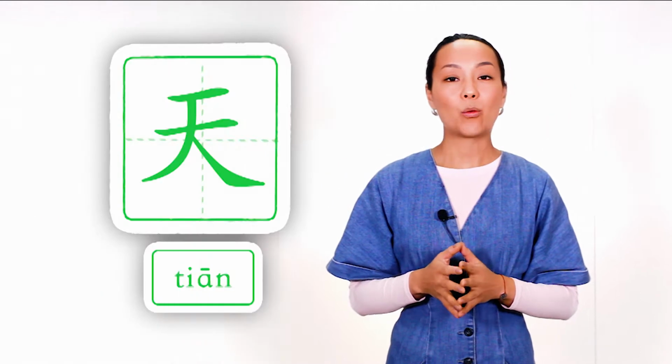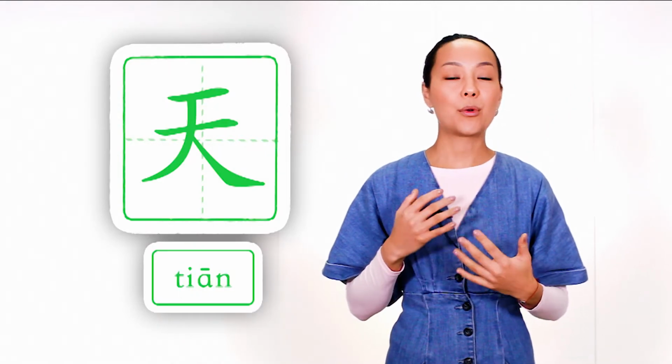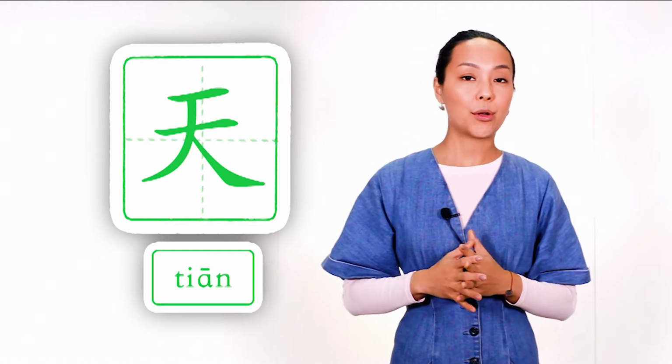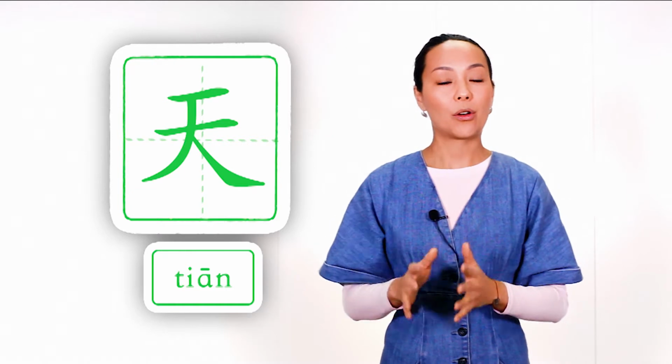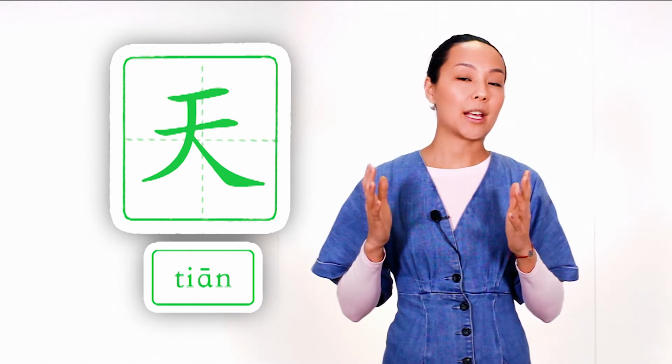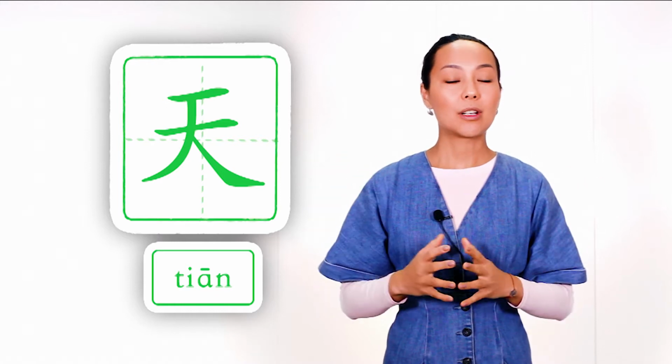Now let's study examples. This radical is very commonly used and you will see it in different places of different characters. The first example is the word sky, 天. And of course you see a very, very big person, who is so big, with no limits in his or her mind, and they are so massive that they can reach our sky.